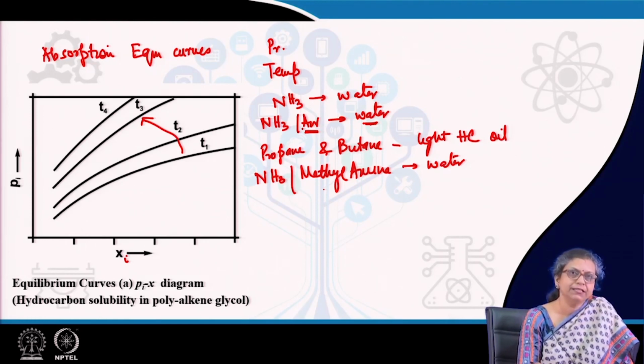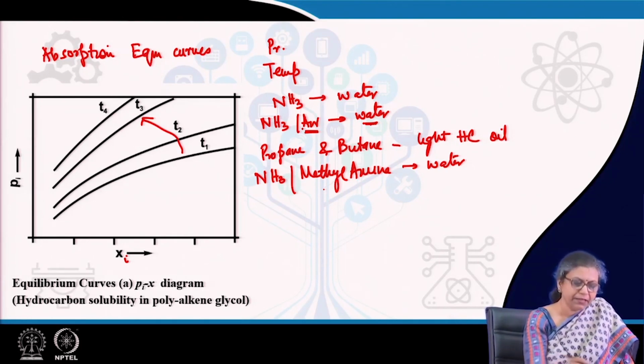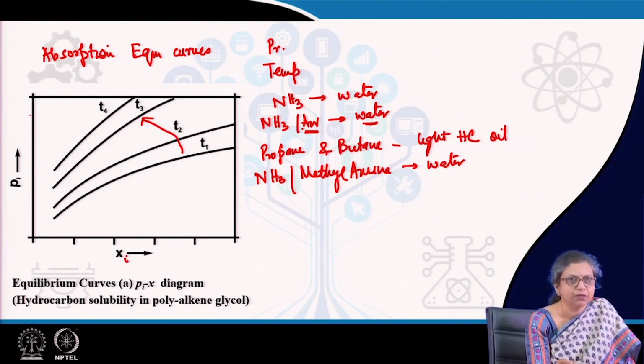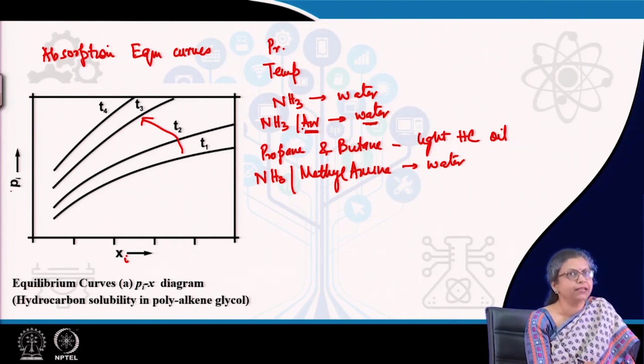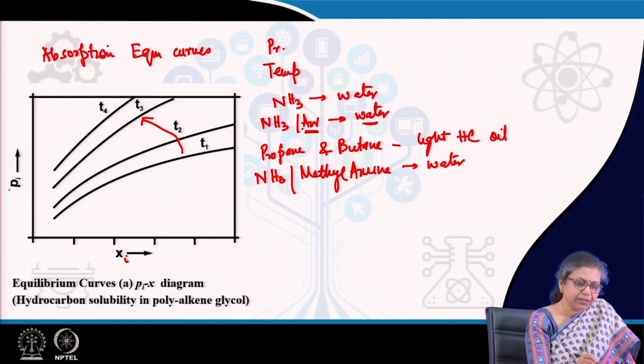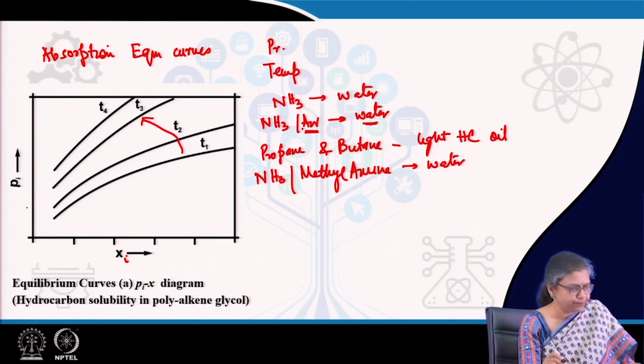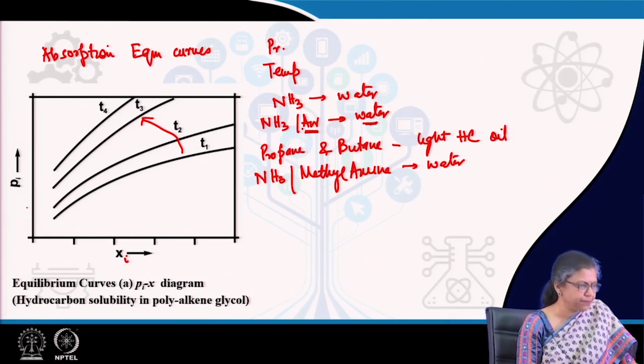So, these are the few things that we need to remember, and this is the reason why, whenever there is a gas phase, we always prefer to express the concentration in the gas phase in terms of partial pressure, be it absorption, be it gas-solid adsorption. We usually prefer this.